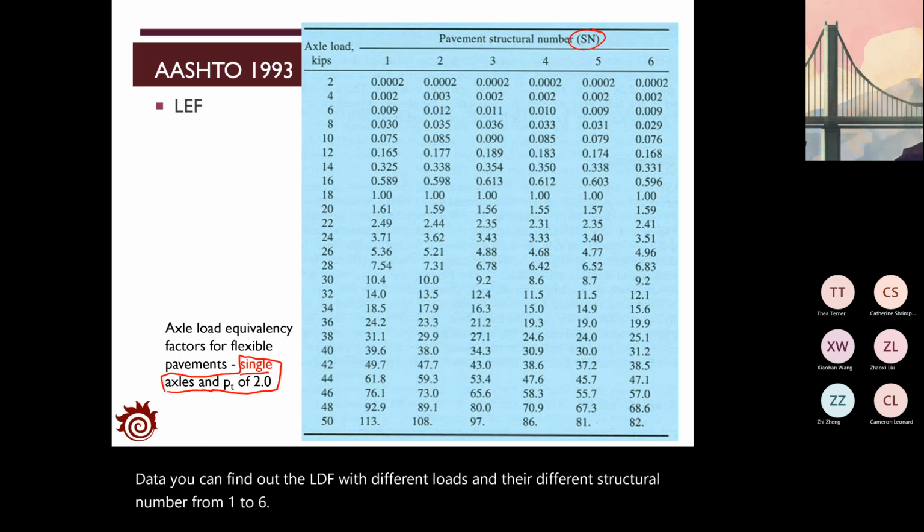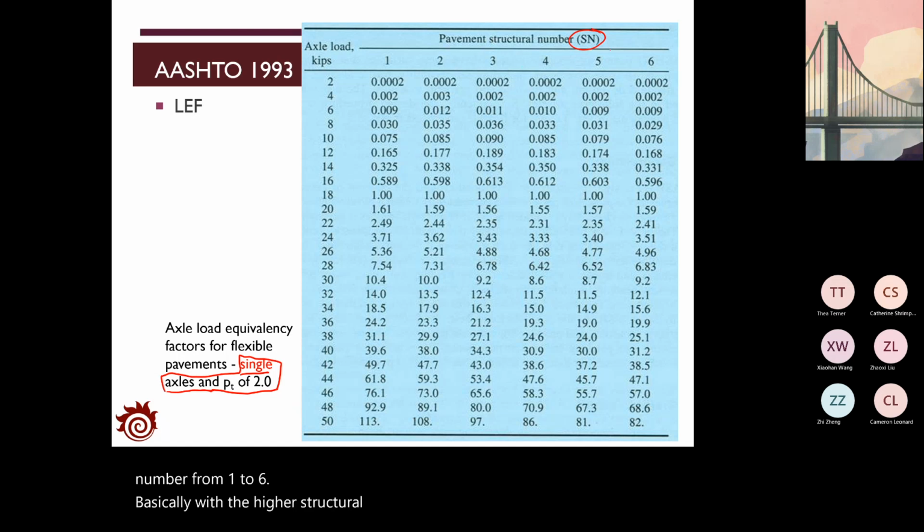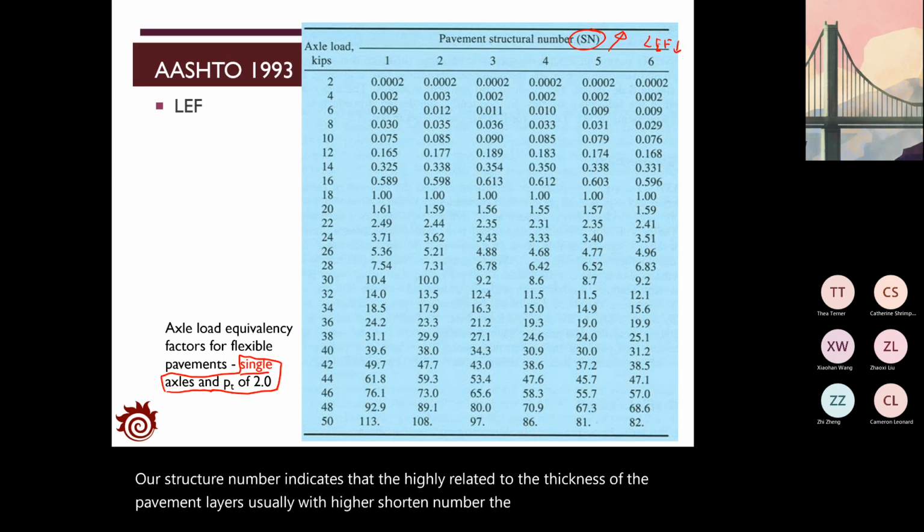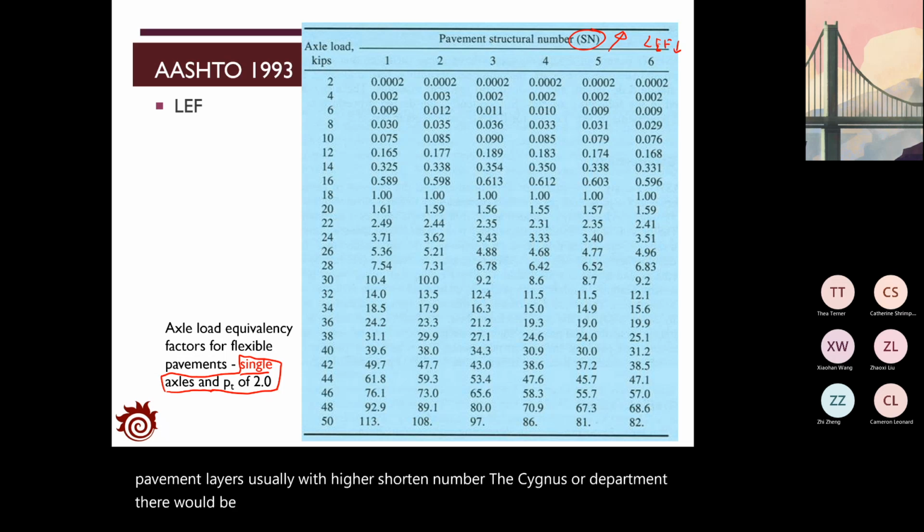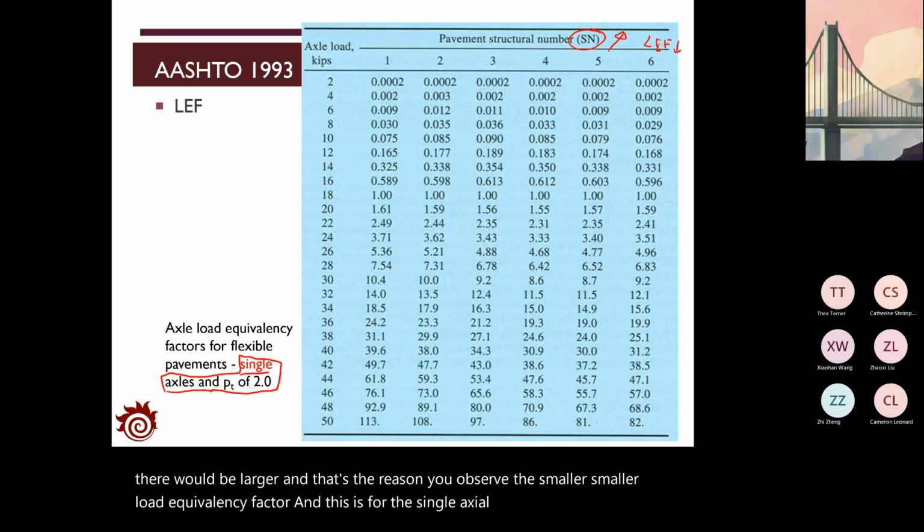Basically, with a higher structural number, the LEF will be smaller. The high structure number indicates that it's highly related to the thickness of the pavement layers. Usually with a higher structure number, the thickness of the pavement layer would be larger, and that's the reason you observe the smaller load equivalency factor. And this is for the single axle with the terminal serviceability of 2.0.